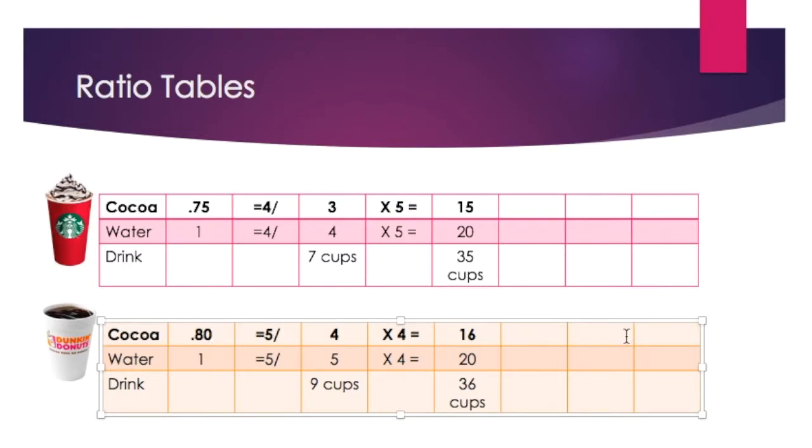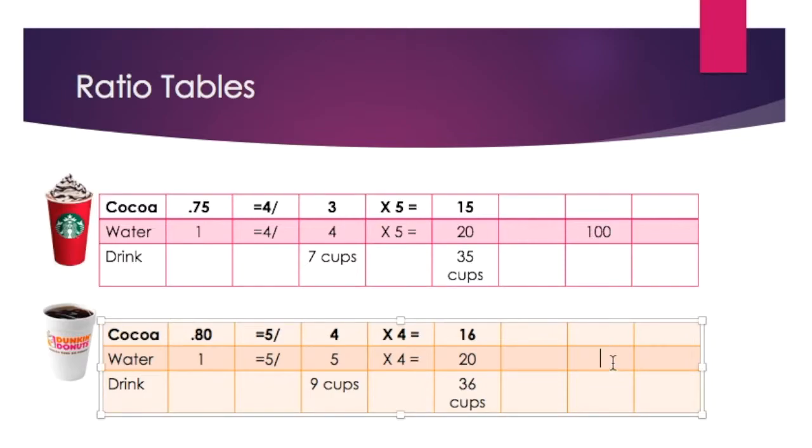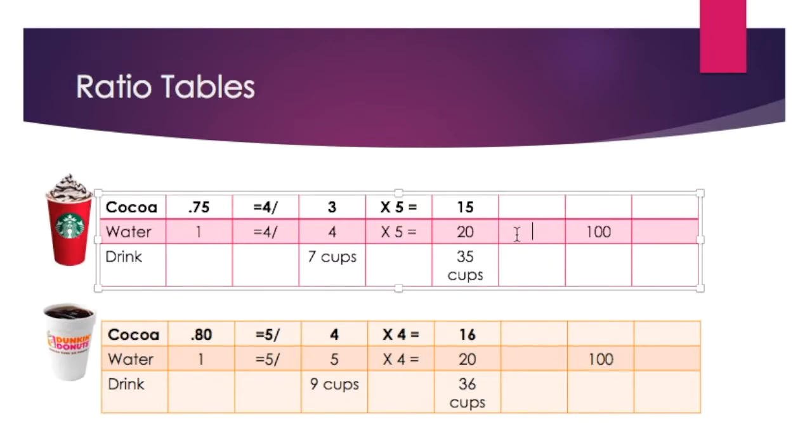Another good thing to do when you're looking at ratio tables is to think about percentage. So what amount out of 100 am I going to get for my ratios? So to get from 20 to 100, I'm going to multiply by 5. I do the same thing in my cocoa recipe. So 15 times 5 is going to give me 75.